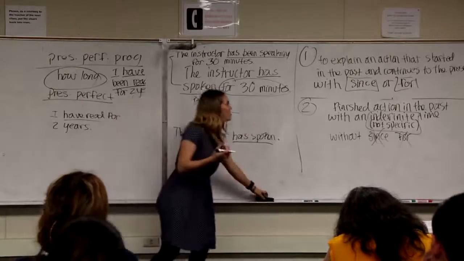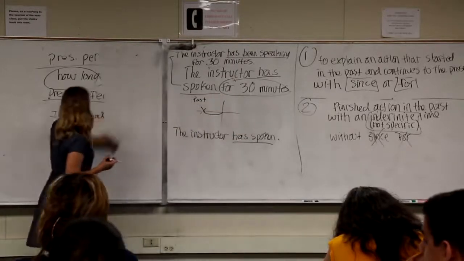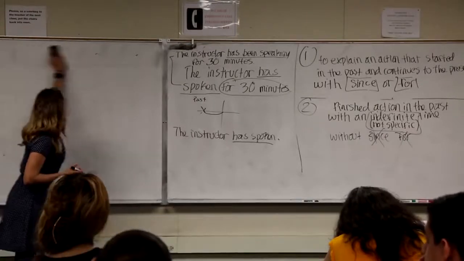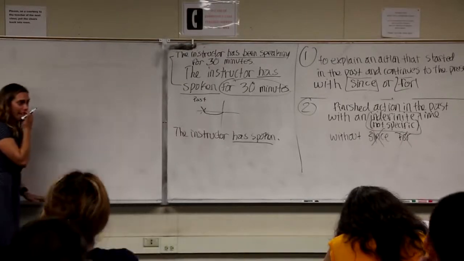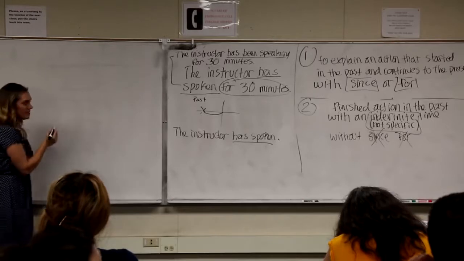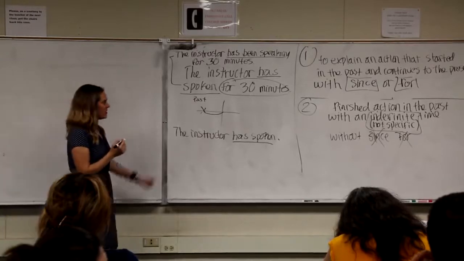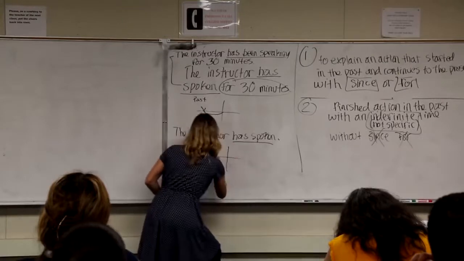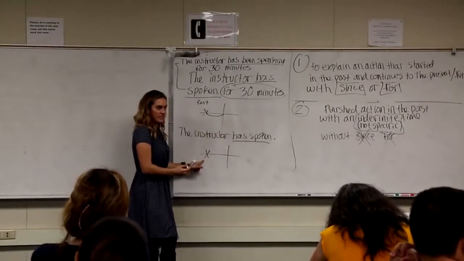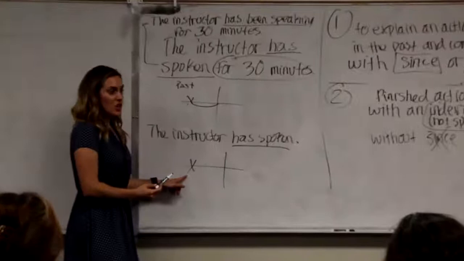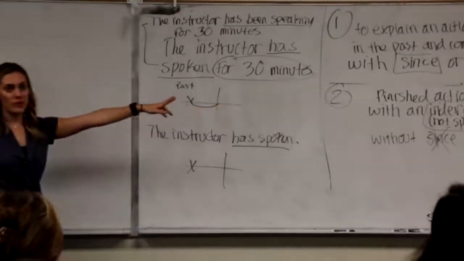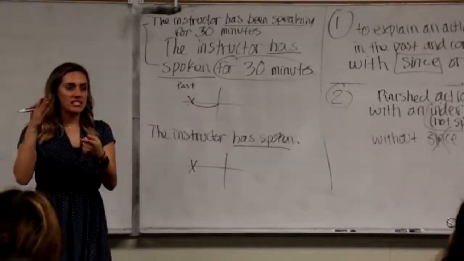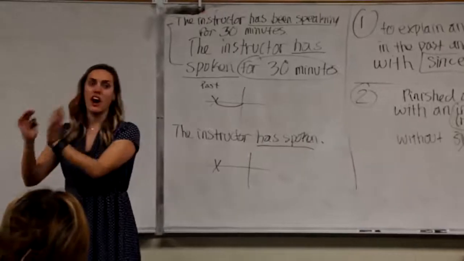Okay? So let me give you an example now of all of them, and you can tell me what the difference is. The instructor has spoken for 30 minutes. It means it continues. But this one means it happened in the past. Why are we not using the past? Good question. Remember, in the simple past you focus on a finished time.